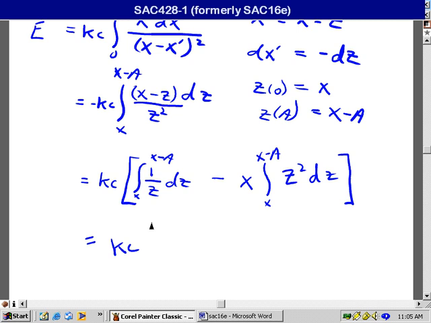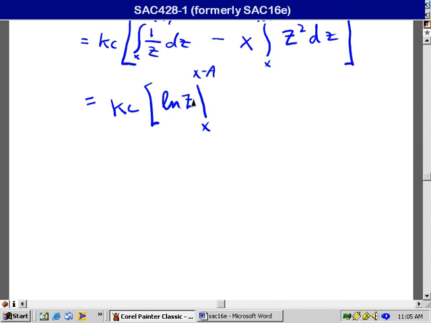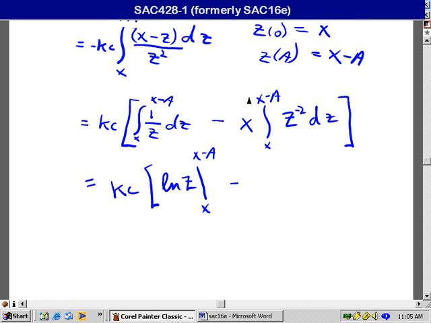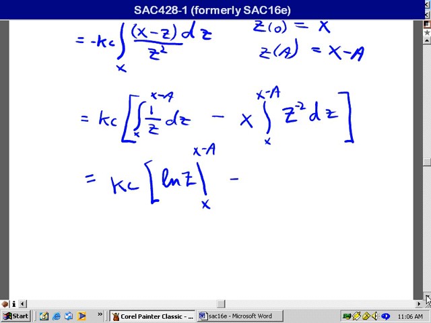This is the natural log of z, evaluated from x to x minus a. And then minus, this was supposed to be a minus 2, because it's in the denominator up here. z squared in the denominator, same thing as z to the minus 2.